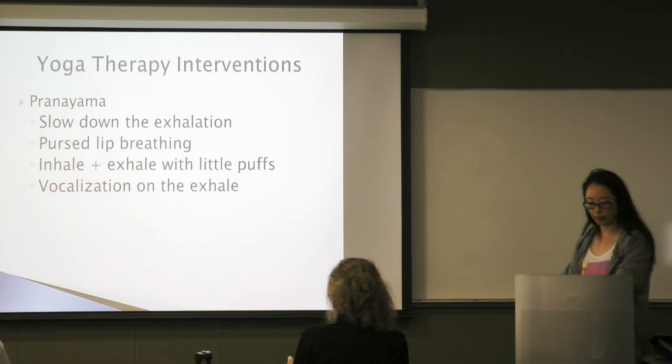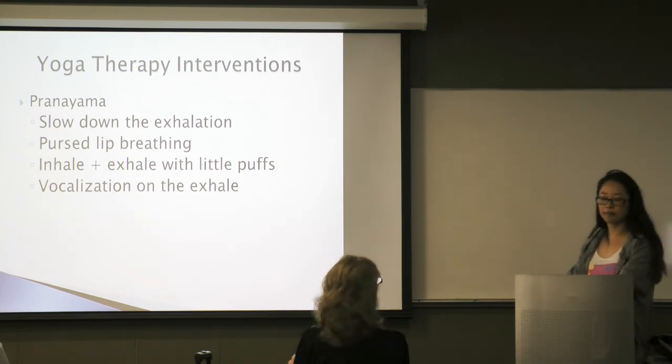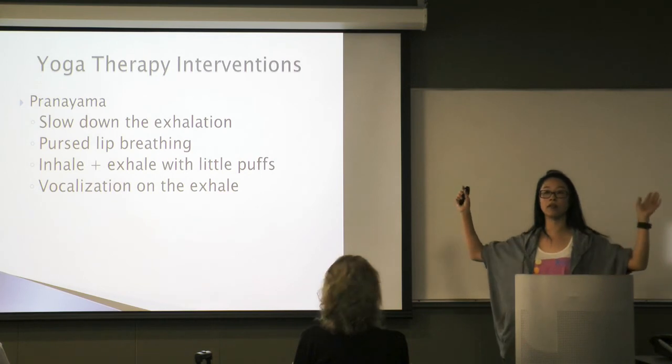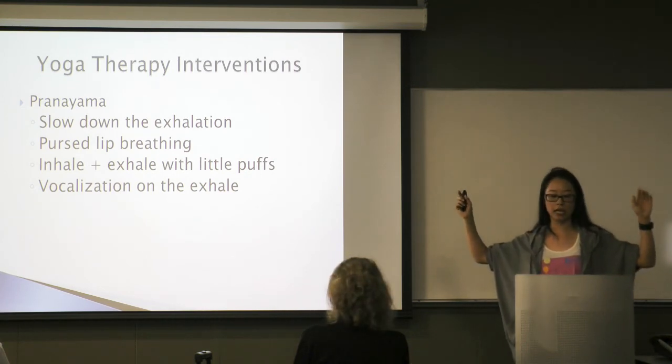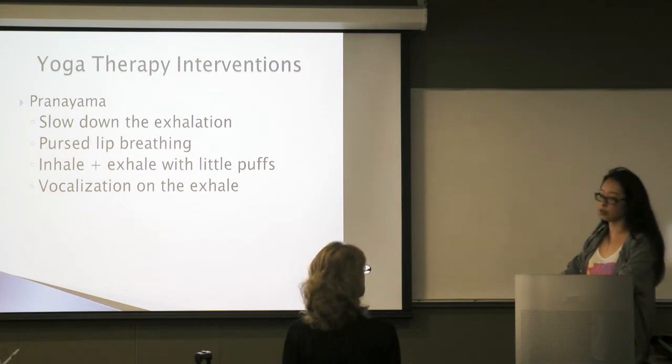Like that. And then the last thing that Tara mentioned was to vocalize on the exhale. So she likes to use the words or sounds like s. And she said if they can, to have the arms in a U position. And she said this is great because the scapula, the shoulder blades, are set correctly on the back. But only if they can.